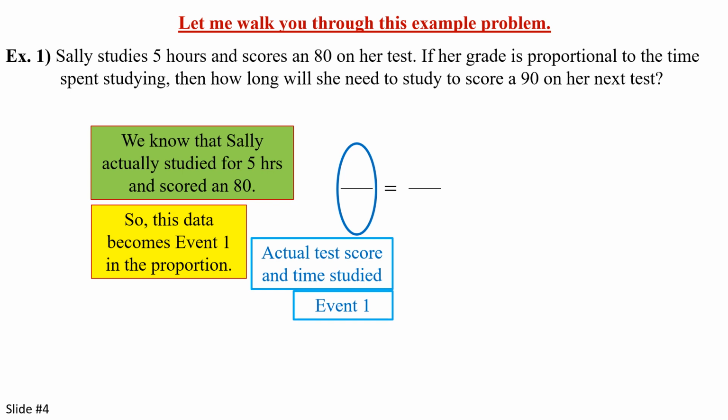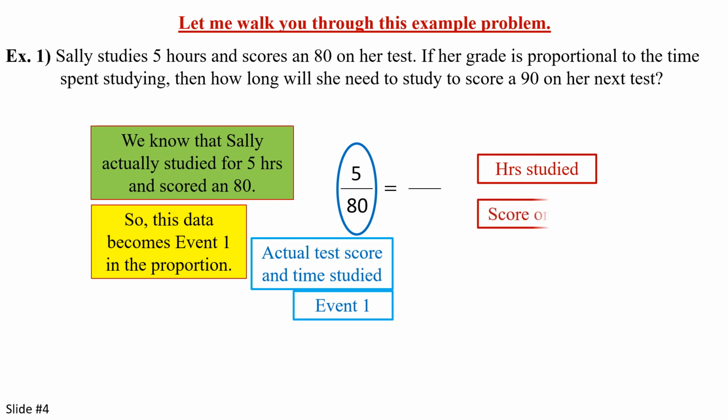So event 1 is actual test score and time studied. I'm going to put hours on top and the score on the bottom. It doesn't matter which way you go. Okay? But since I set it up this way, hours on top, score on the bottom.